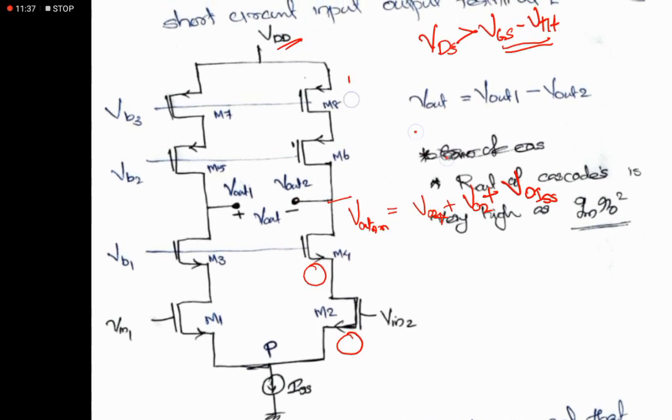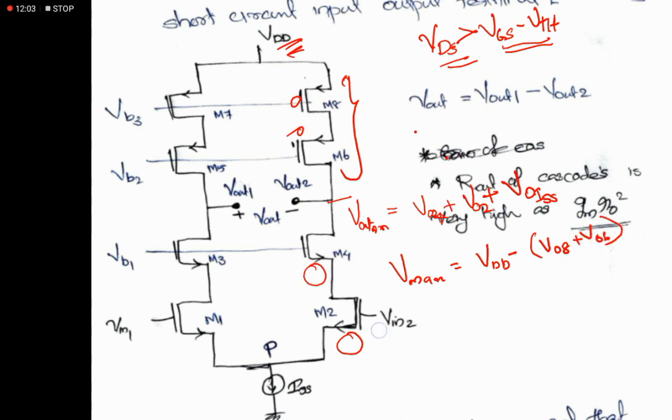With respect to PMOS, it also needs to satisfy this condition. So the maximum value is limited by VDD minus the overdriven voltage of these two devices, VDD minus VO8 plus VO6.